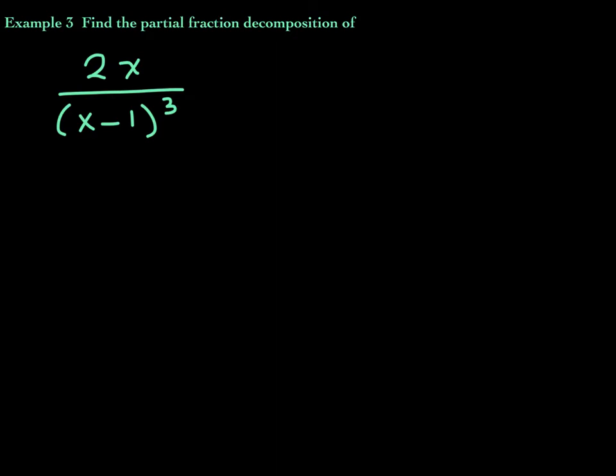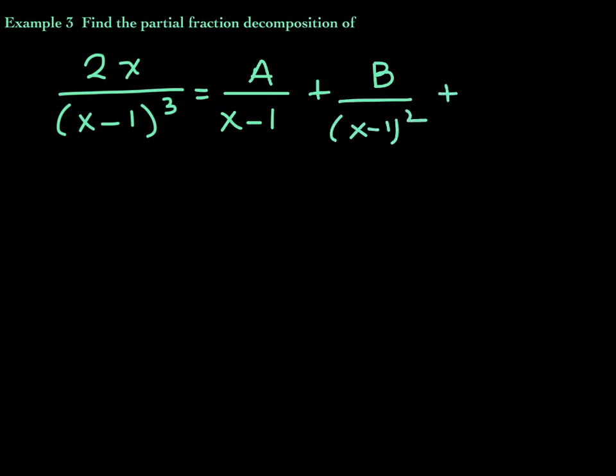So we're going to be able to rewrite this as a over the linear factor x minus 1, plus b over x minus 1 squared, and then plus c over x minus 1 cubed. Now we stop there because this was degree 3, right? So once we get to degree 3 down here, then we're done. Had this been degree 4, we would have kept going until we got to degree 4, okay?